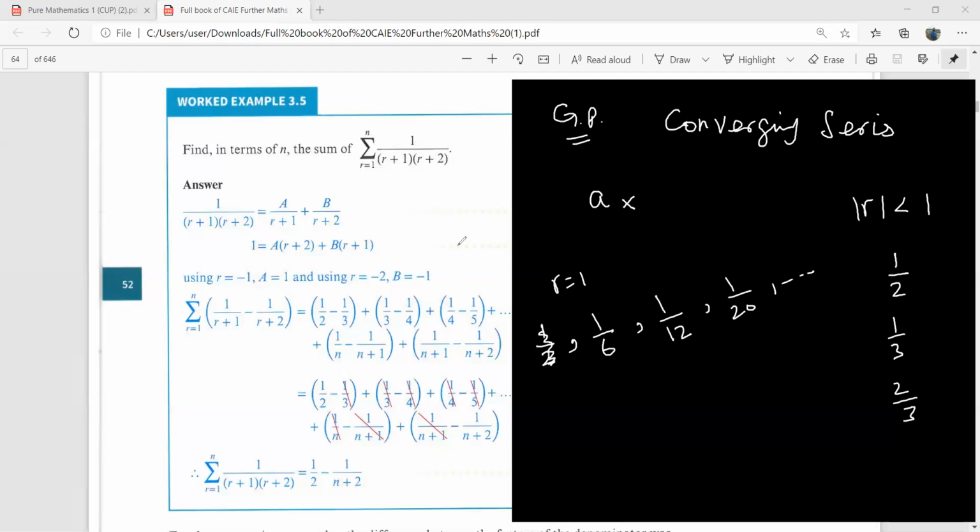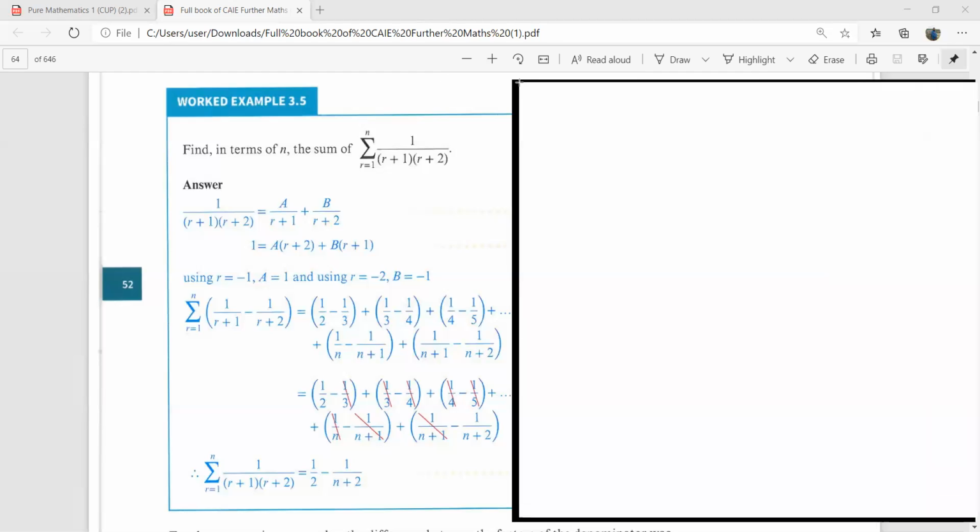That will always be the first step: you write the given fraction, and then you write the partial fractions for it.